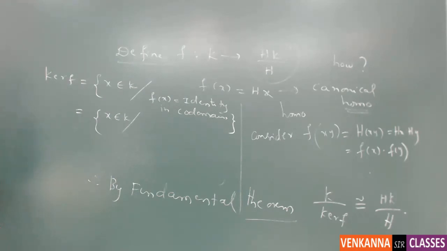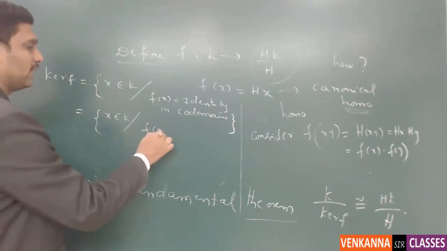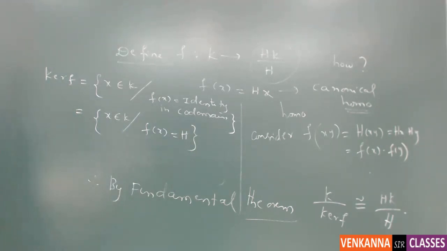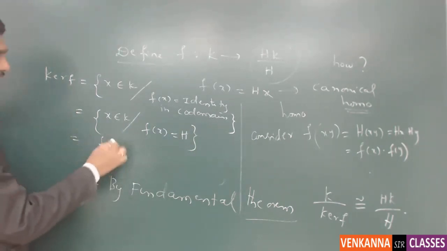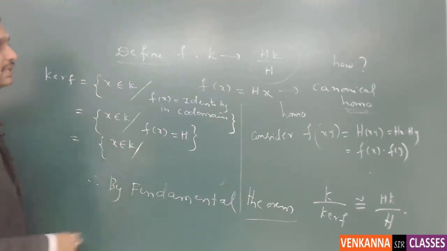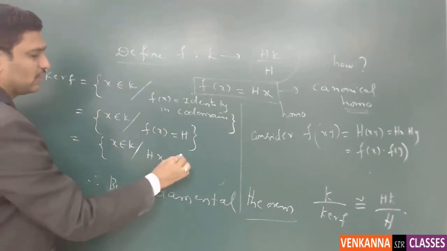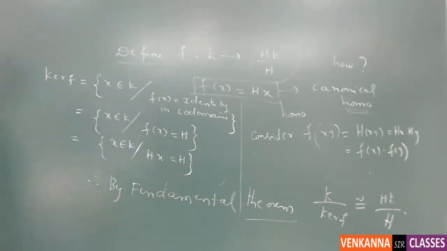Because the codomain is nothing but a set of cosets, the identity coset is H. So f of x is equal to H. So by the definition of f, Hx is equal to H.